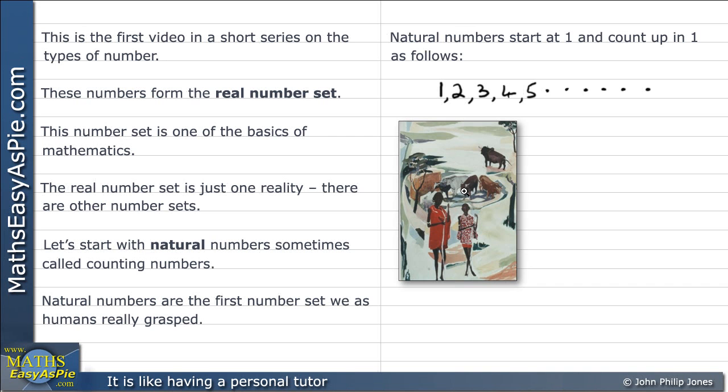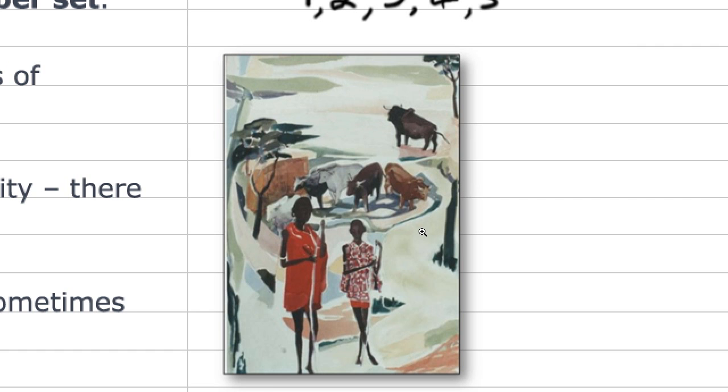Now early settlements didn't have the figures we have today. They would have to represent things that they owned as follows. If I have a look at this image here, which is just a representation of an early settlement, and I count how many cattle are in this particular settlement, we can see here I've got 1, 2, 3, 4, 5. So there's 5 members of this particular herd here.